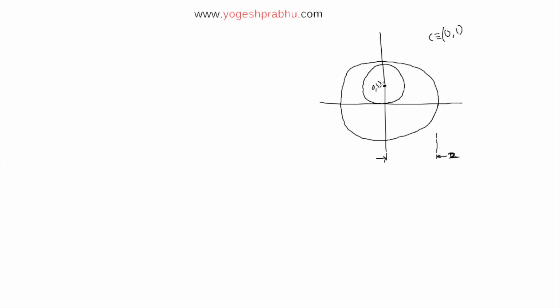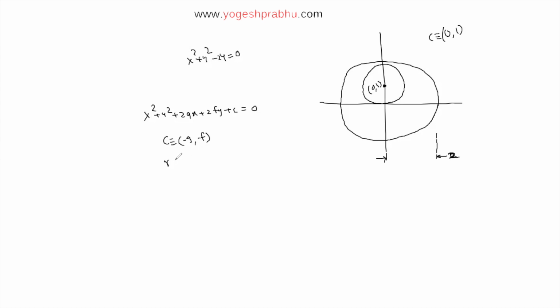This is 0, 1. How did you find that? Oh, we've done that, right? x square plus y square minus 2y equal to 0. Do you remember I told you the formula x square plus y square plus 2gx plus 2fy plus c equal to 0? Then the center is minus g, minus f.